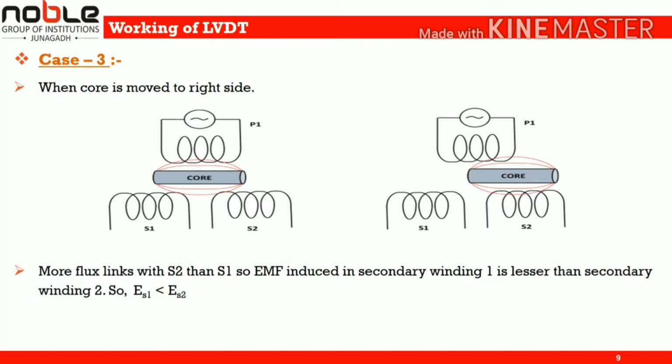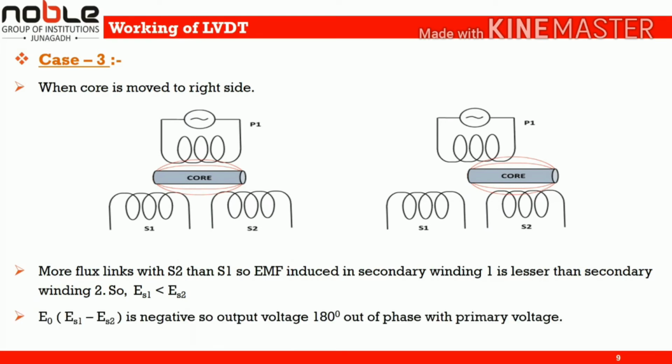More flux is linked with S2 than S1, so ES1 is less than ES2. As we know, E0 is equal to ES1 minus ES2, so E0 is negative. So the output voltage is 180 degrees out of phase with the primary voltage.